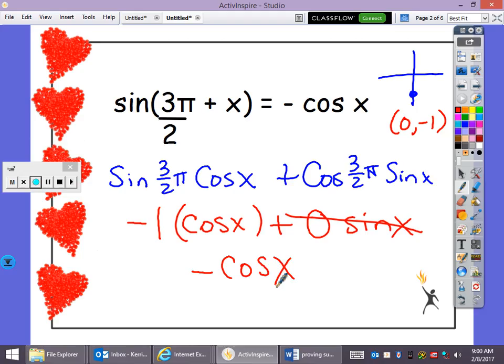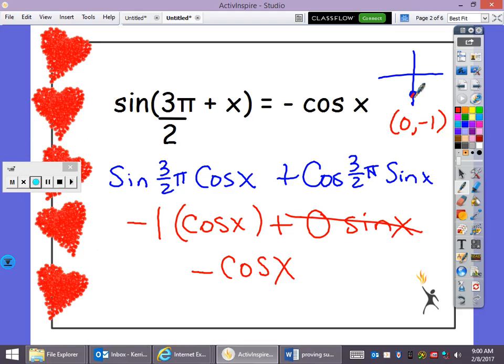Okay? Go ahead. Yes. How did I get negative 1? This dot here, what's the ordered pair for this dot? Negative 1 because it's down the y-axis instead of up. Good? Yes? Cosine is associated with x, sine is associated with y.